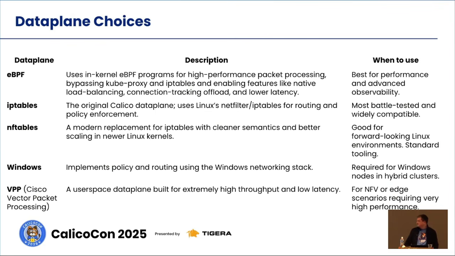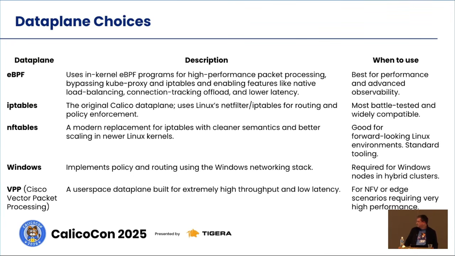Why would you need this? Well, there are different use cases for different data planes. This is some of our high-level advice, based on what we see from the users in our community. eBPF is for high performance packet processing and bypasses kube-proxy, like I mentioned. So it's best for advanced performance and scalability. iptables is our most battle-tested.